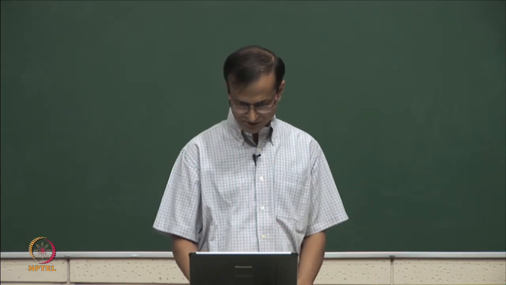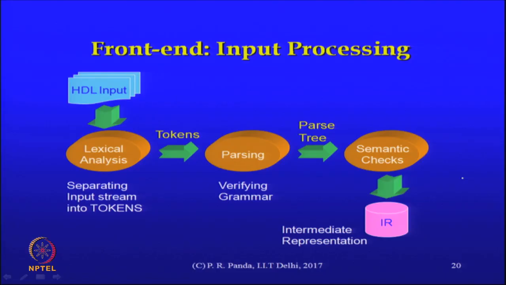Expanding on that first step, which is the input processing, we have an HDL input. The opening step is what is called lexical analysis. In the lexical analysis, you separate out your VHDL model into tokens, some of which are recognized as keywords.